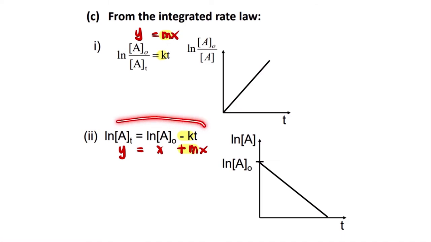So if you use this integrated rate law, your slope will be negative K. So if it is negative K, just be aware when you want to find K, you need to disappear the negative lah. Maksudnya you have to move the negative to the other side.